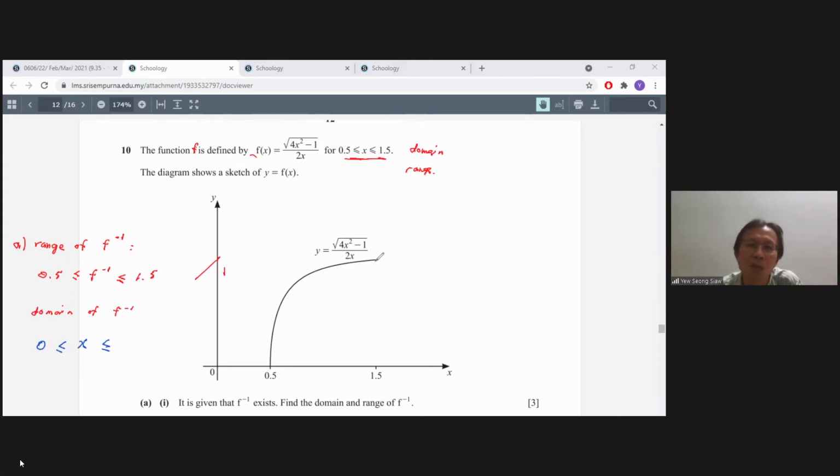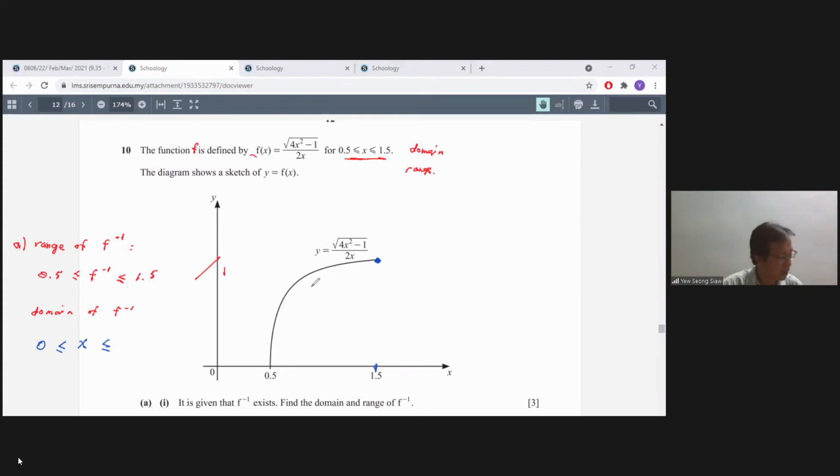2/3. How do you get the 2/3? Very good. Your maximum point is here, 1.5. So can you put the 1.5 inside? You can just use your calculator, insert inside. 1.5, then you square, then you times 4, then you minus 1, then you over 3.